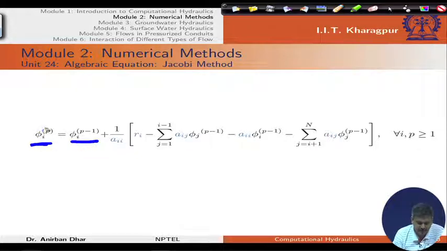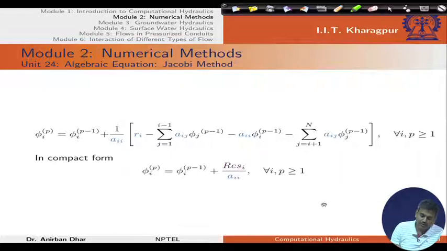So the updated value depends only on previous iteration level values, but there is loss of information because we have already updated some values. So there is loss of information in this method, that is why this method is much slower compared to the usual Gauss-Seidel method. In compact form we can write like this.